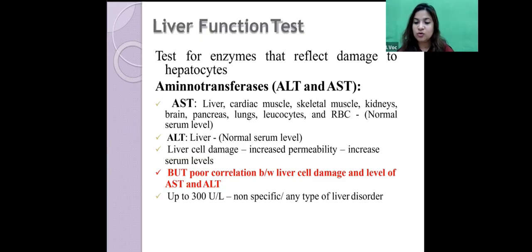So liver cell damage is evaluated by the aminotransferase enzymes. They show increased permeability and increased serum levels in case of any kind of damage to the liver. But there is a poor correlation between the liver cell damage and the level of AST and ALT.